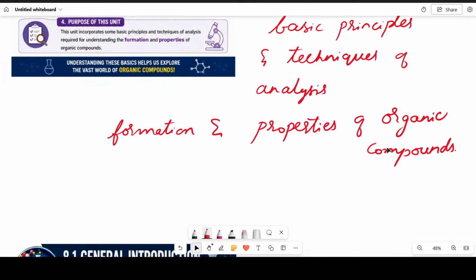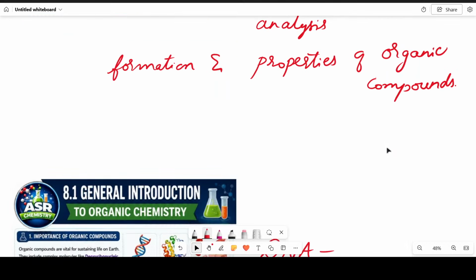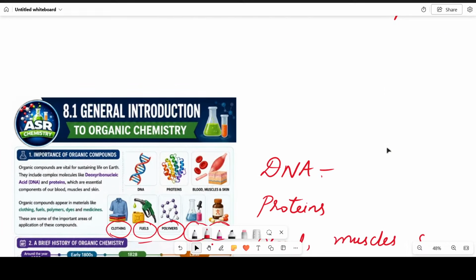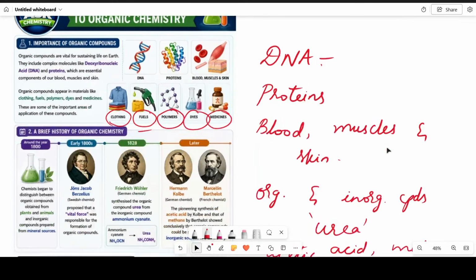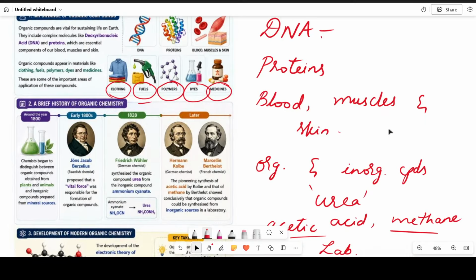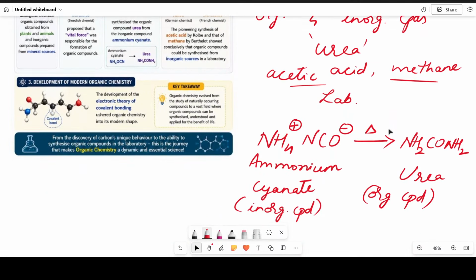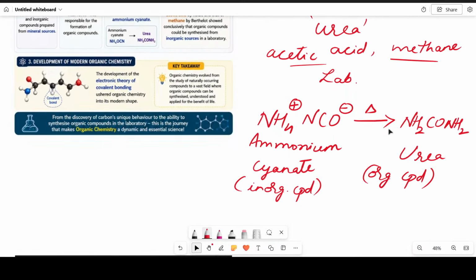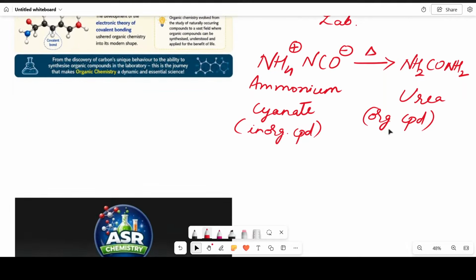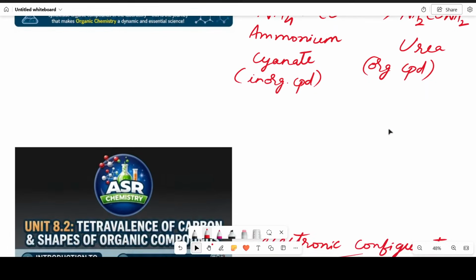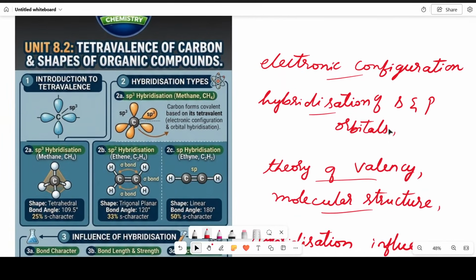Understand these basics, which will help us to explore the vast world of organic compounds. Importance of organic compounds. A brief history of organic chemistry and its development. Electronic theory of covalent bonding. Tetravalence of carbon and shapes of the organic compounds.